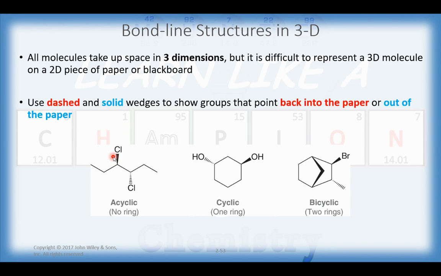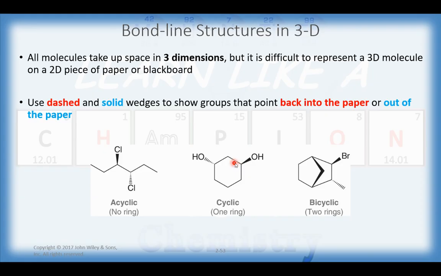Okay, so the plane that the carbon chain is in, which is basically the screen or the paper, the page, that chlorine atom right there would be popping out towards us. The one with the dashed wedge would be going behind the plane of the paper, so it would be angled away from us. We can do that with cyclic, okay, where there's one ring of carbon atoms.